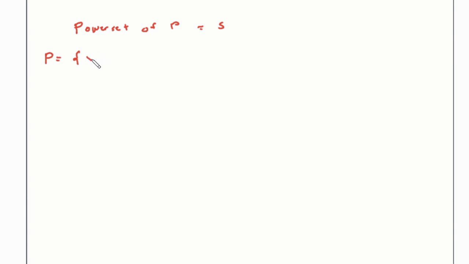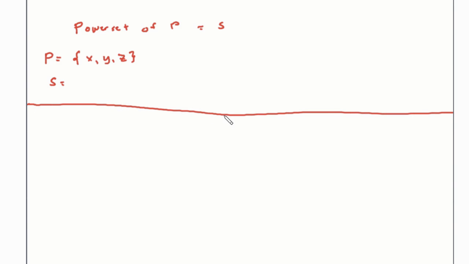So, these are X, Y, and Z. Now, for us to get the elements of the power set of P, which is S, first we have to get all the subsets of P.